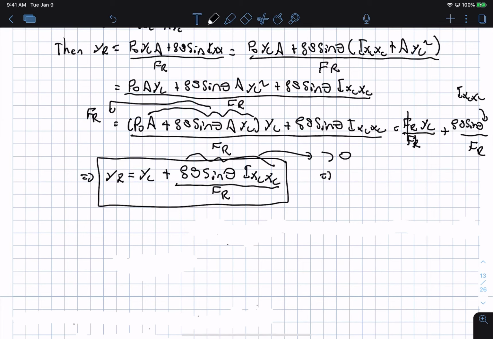Which implies that the y location of where we put the pressure force, which is actually called the center of pressure, is greater than the y value of the centroid of the object.